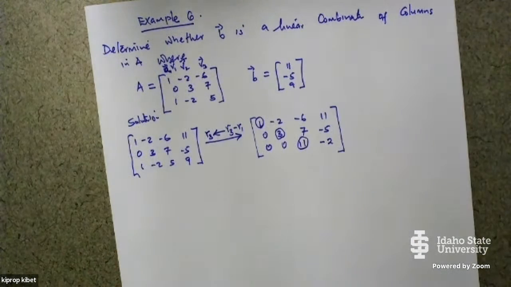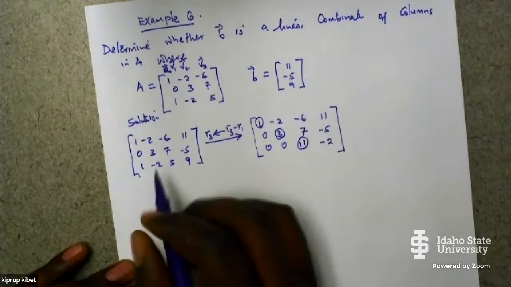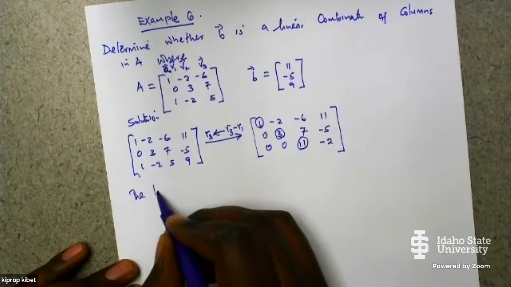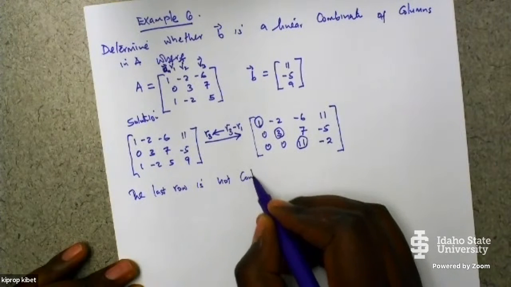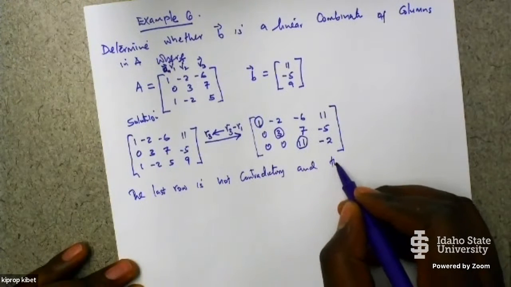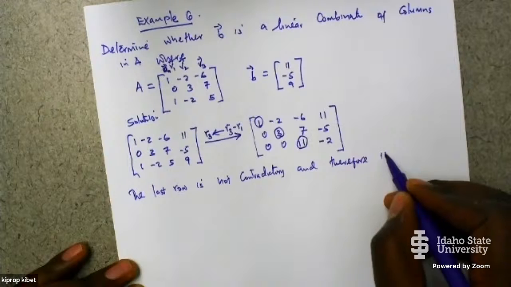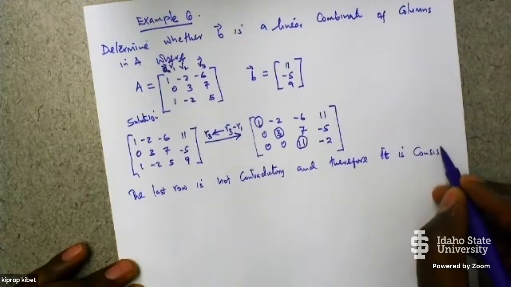All those are pivot positions. Now, the last row is not contradictory, and therefore it is consistent.